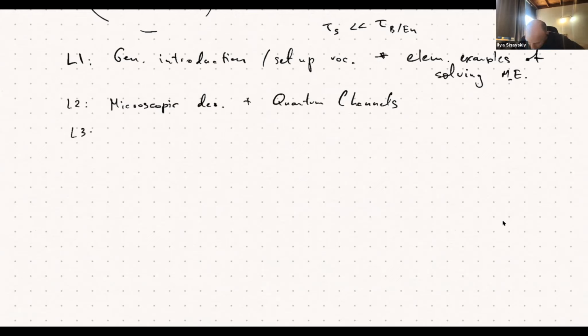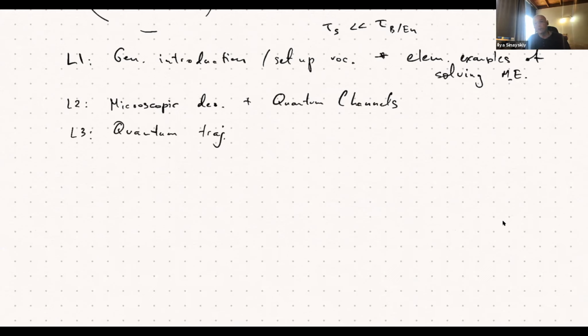In the third lecture, I plan to present to you another approach to open quantum systems, which is called quantum trajectories. Quantum trajectories allow you to have a different description of the interaction with the environment.